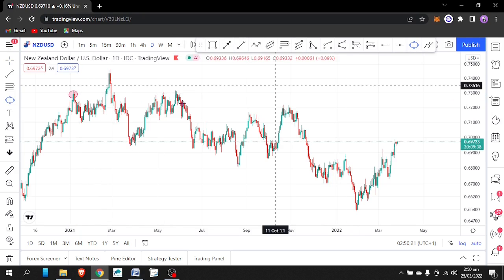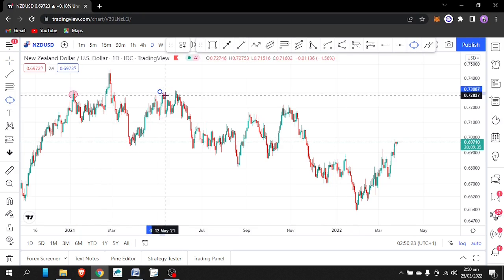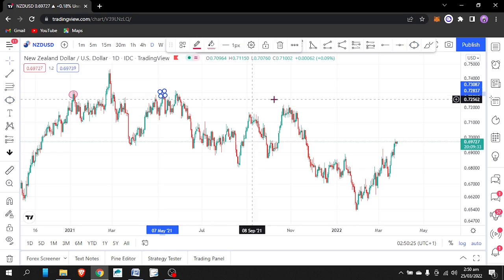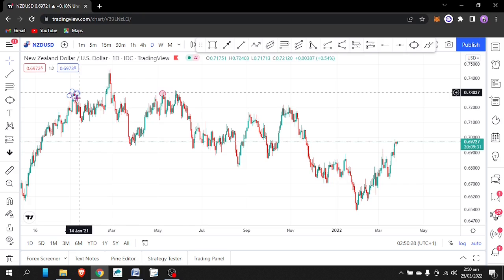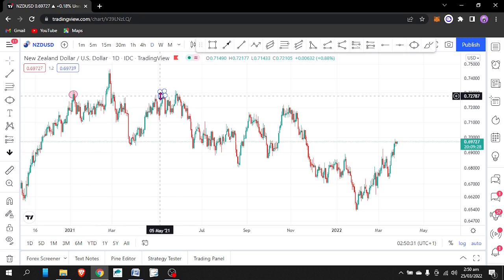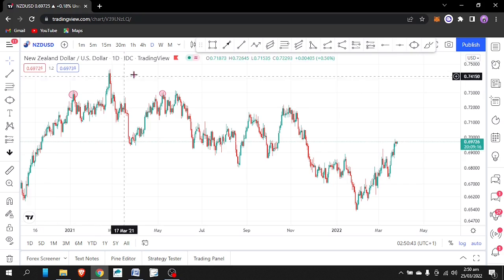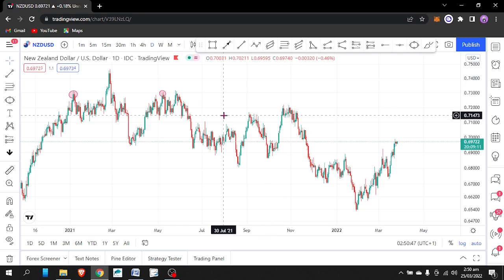I'll notice that there are some places where price reversed when it reached that point in particular. We have this point. Now we have this point and this point. You can see they are on the same zone here. What you will do is pick a horizontal line, like I earlier said.